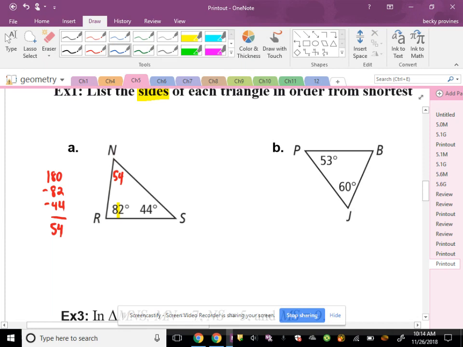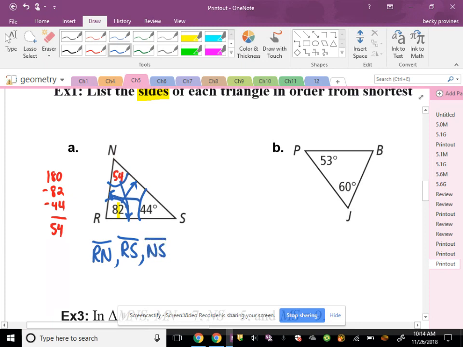So you find the tiniest angle, the 44, and across is RN or NR. It doesn't matter which way you say it. Now find the medium angle, 54, and across is RS or SR. And the biggest angle is 82, and across is NS or SN.